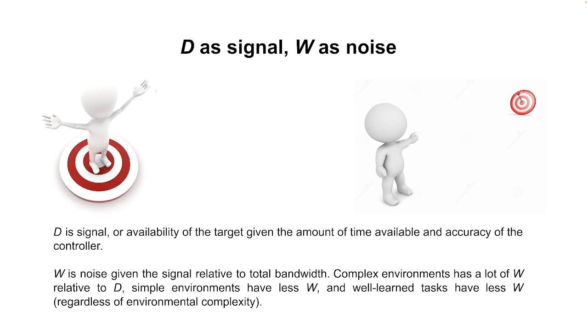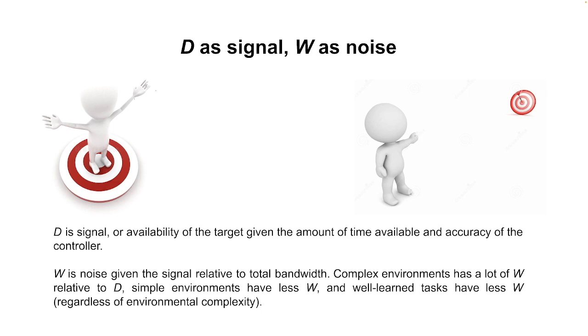Given a complex environment, you have a lot of things around you, you have a lot of clutter, a lot of potential things to distract. Your target might be partially occluded by something like leaves or some other type of visual noise. The point is that that complex environment has a lot of noise relative to the distance or the index of difficulty of that movement.